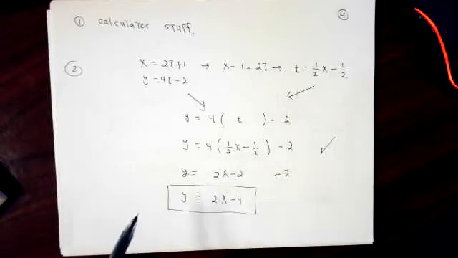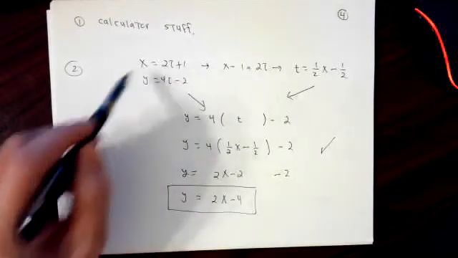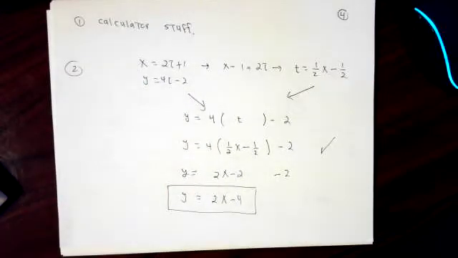Multiply through by the 4 and simplify. y is 2x minus 4, which we know to be the equation for a straight line with slope 2 that has y-intercept -4. We have literally eliminated the parameter t. We've written this relationship in terms of something that doesn't have t in it.